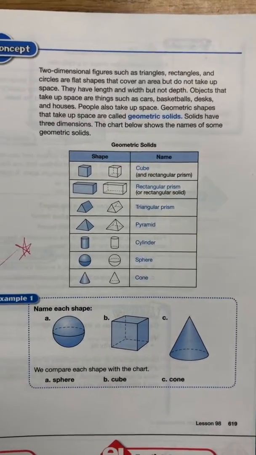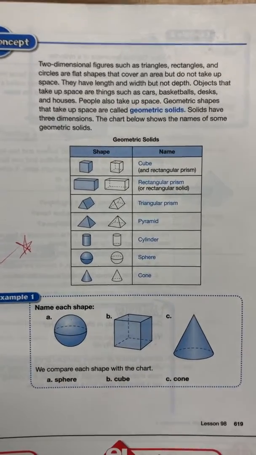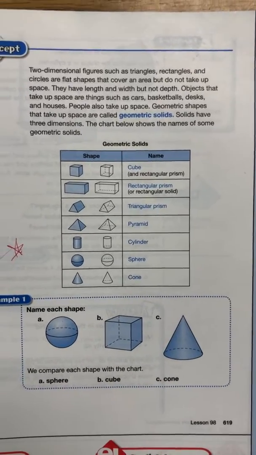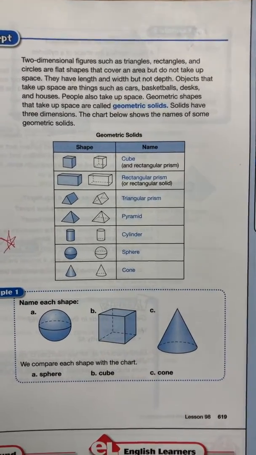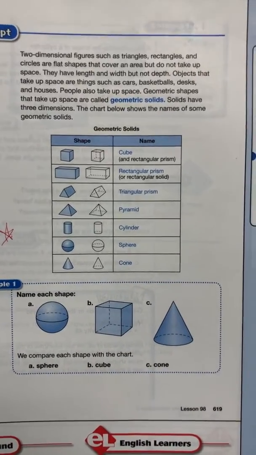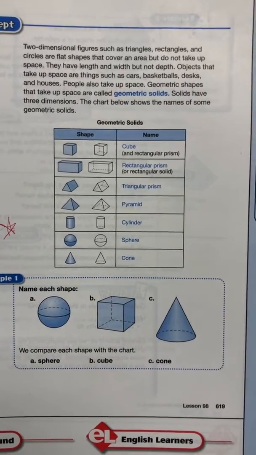Objects that take up space are things such as cars, basketballs, desks, and houses. People also take up space. Geometric shapes that take up space are called geometric solids. Solids have 3 dimensions. The chart below shows the names of some geometric solids.